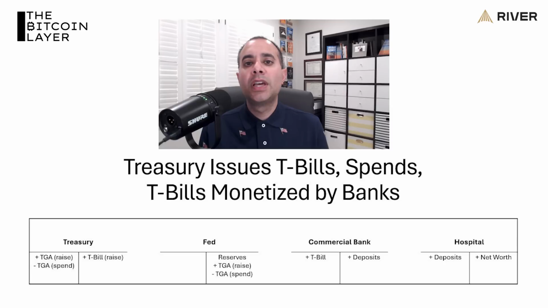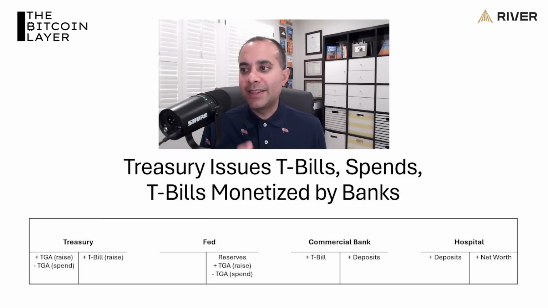So the hospital deposits go up and net worth for the hospital's balance sheet goes up because that new deposit does not come with a debt. It is not paired with a debt. It is new net worth. So the balancing operation is an increase in equity.